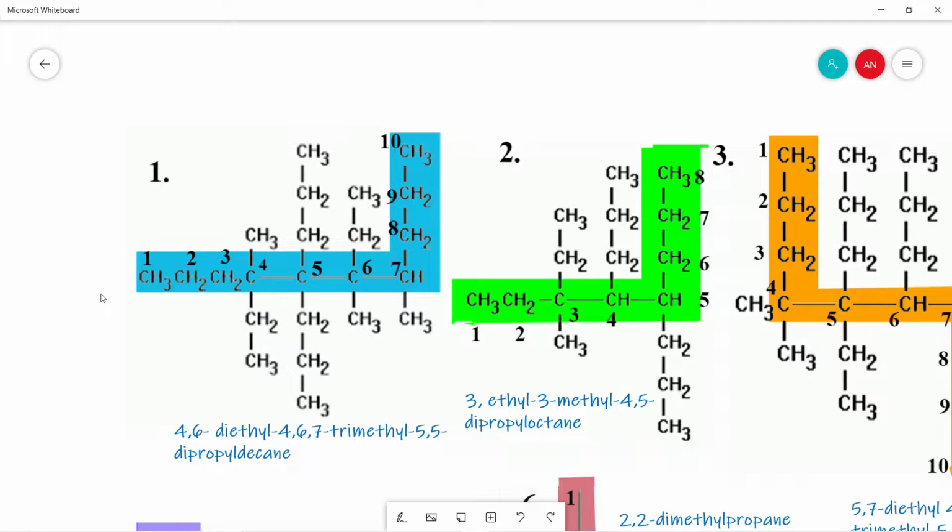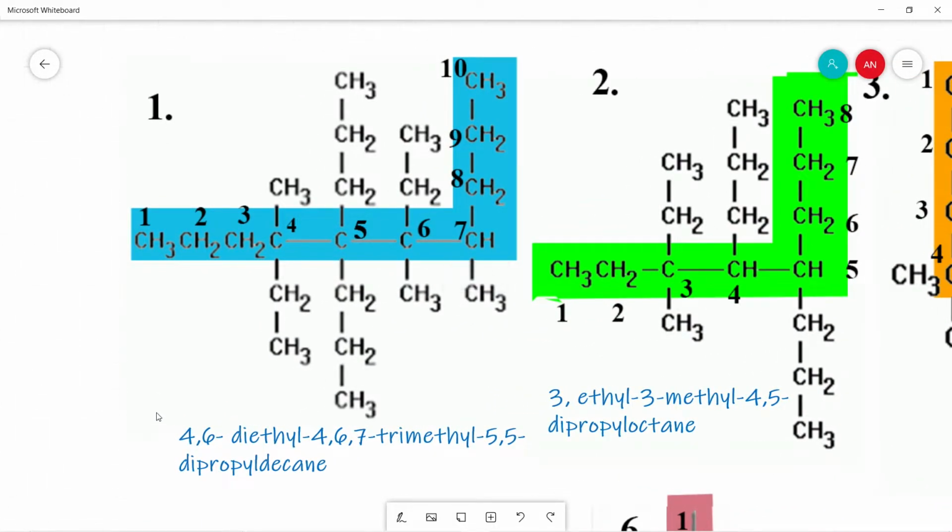And if we assign the numbers from the other side, there are branches on the fourth carbon too. So from which side should we get started? Why this side, not that side? Because there are two branches on the fourth carbon, but on the other hand there is only one branch on this carbon. So we started assigning the numbers from this side.